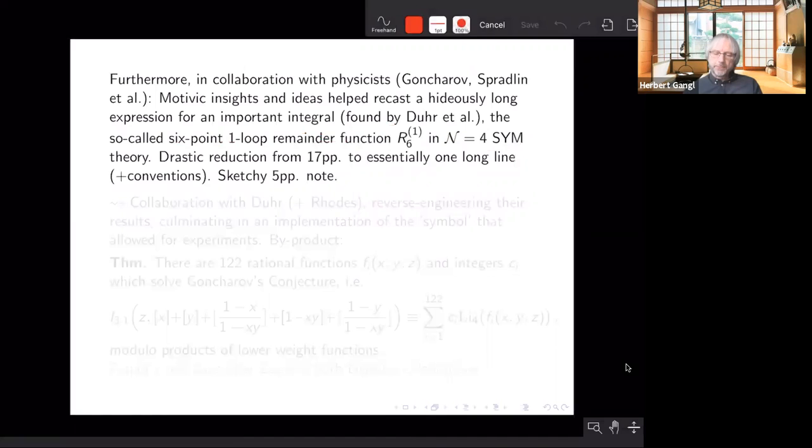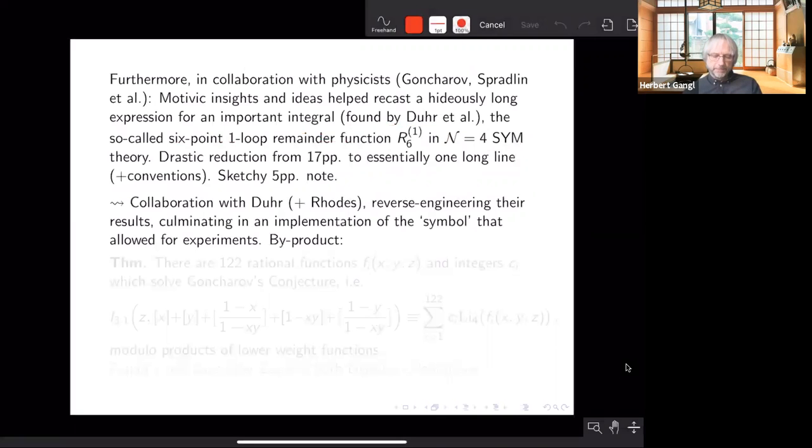This triggered a collaboration of mine with Duo, the same person who actually had the original hideous-looking expression, and we reverse engineered their results because they only had a very short 5-page note, and so we found a way to justify it for ourselves.